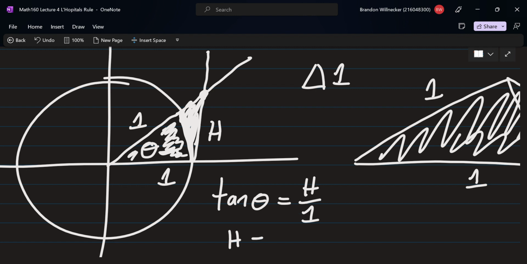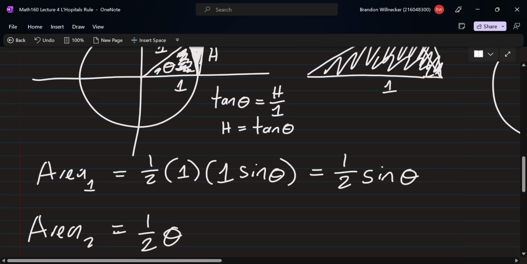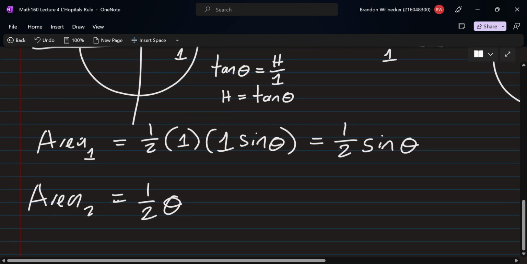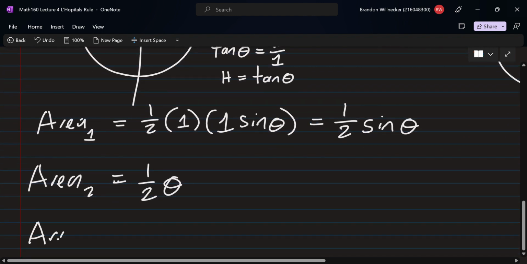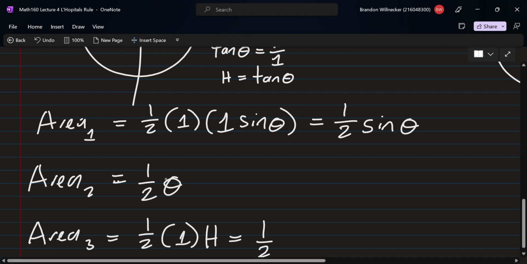So h is just going to be tan theta. Does anybody not see that? So that's the height. We don't want the height, we want the area. So area number 3 will be half base times height. That's the h that we just found. So that would be 1/2 tan theta.